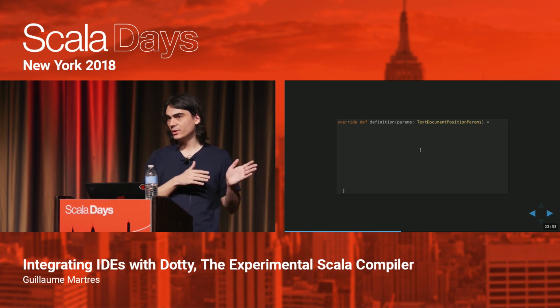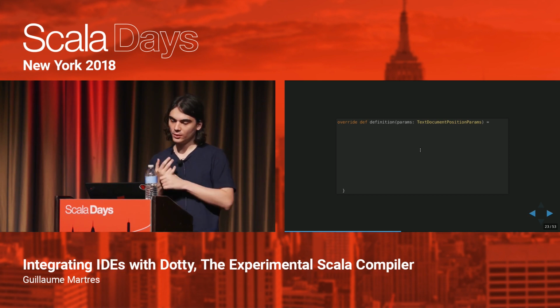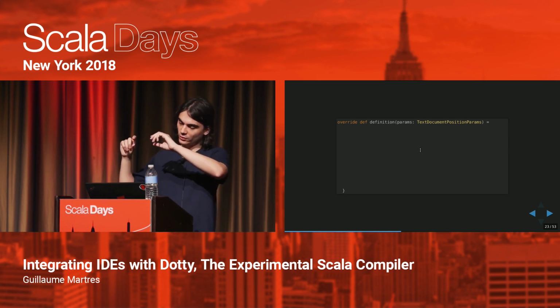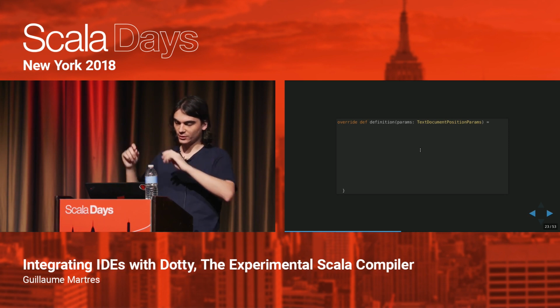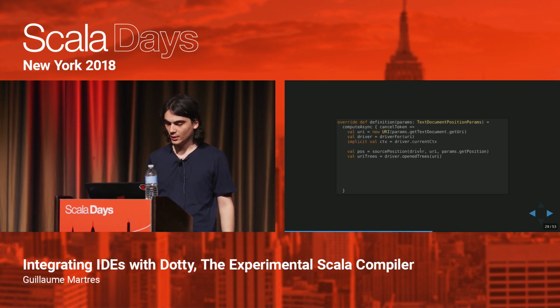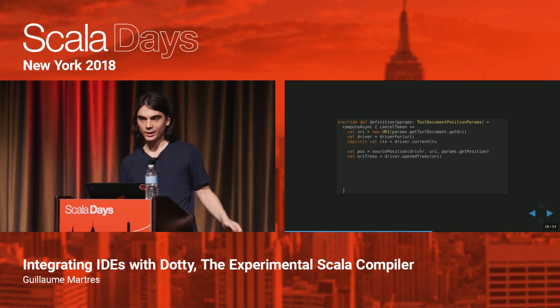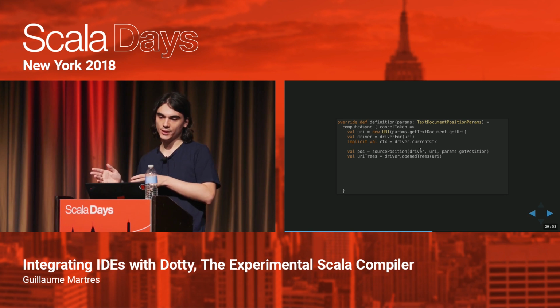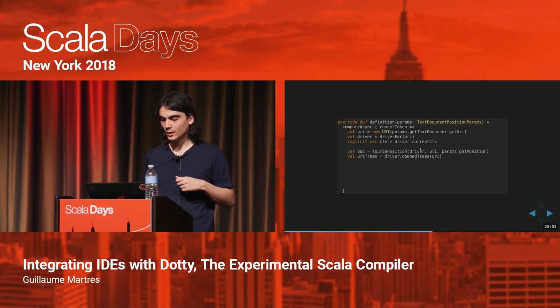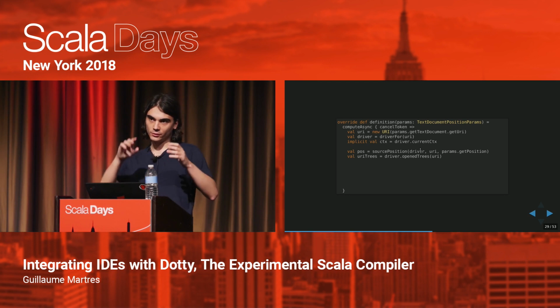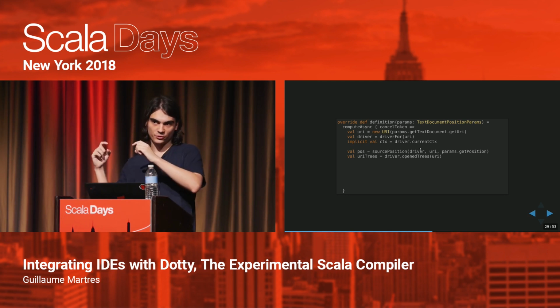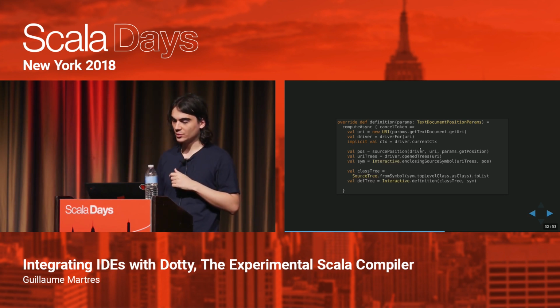And then we can use our interactive API to find out the symbols referenced at this position in the trees. And from that, we can find where that symbol is defined, in what class it's defined. And from that class, we can find the tree of that class. And again, that tree might either be open in your IDE, or it might come from some class file. From that, we can then traverse that tree and find the position of the definition. And then we just return that position.